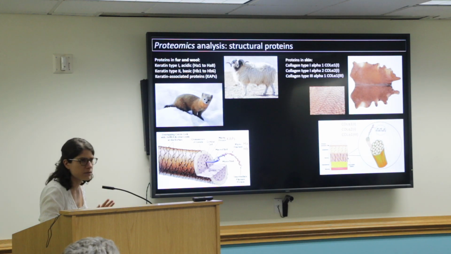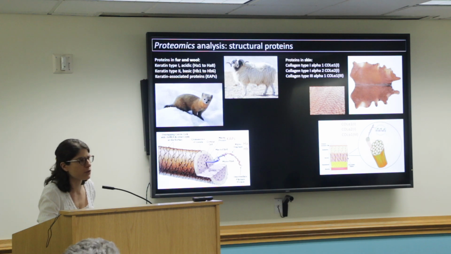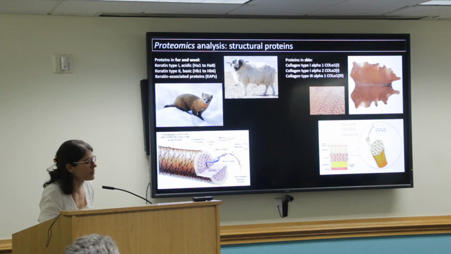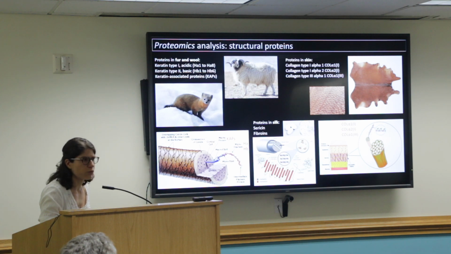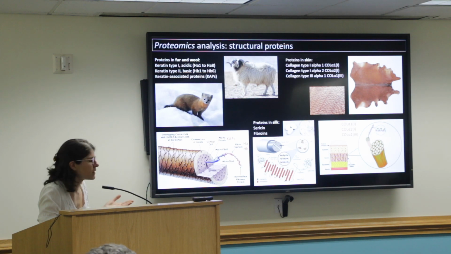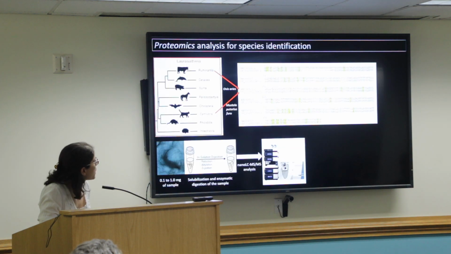There are many different types of collagen, but in skin you're going to find type 1 collagen in majority, and then some level of type 3 collagen. And the last one, but I won't present data on this, is silk fibroins. For that, if you want, you're going to have to ask Bo, because she's an expert. So I'm really going to talk only about the collagen and keratins today.